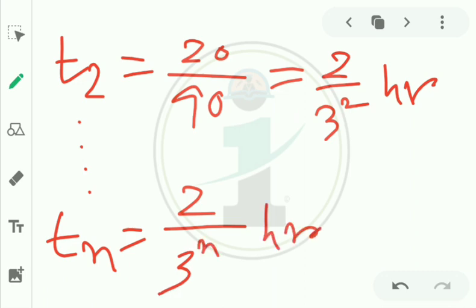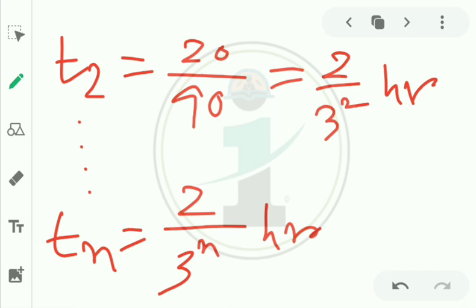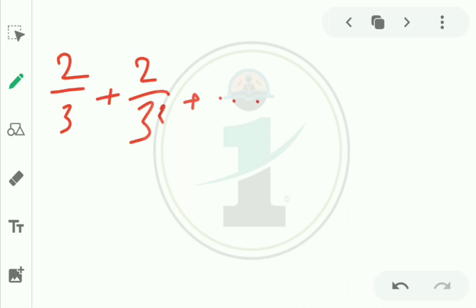Now we already have that the total time must be 1 hour. So by adding these times, we must have it equal to 1.